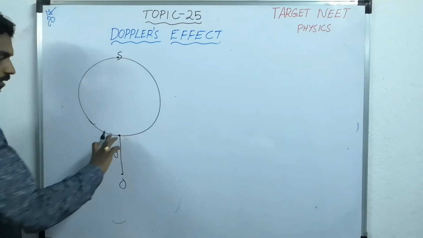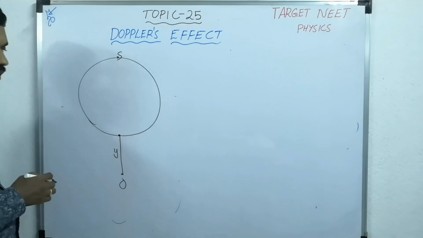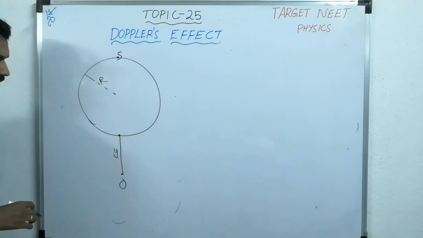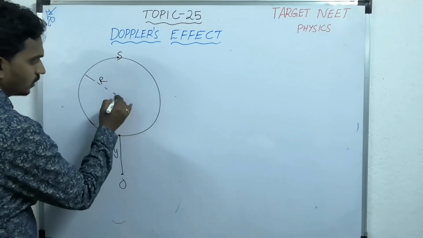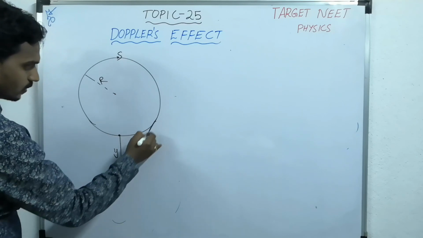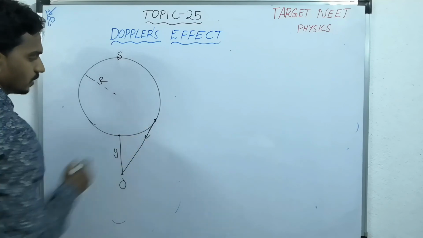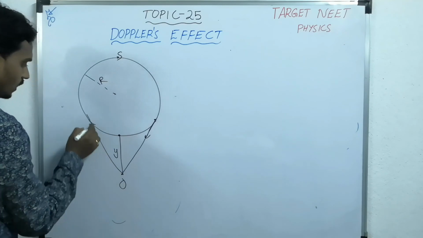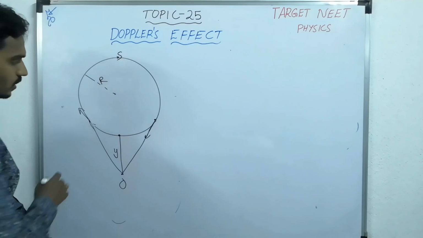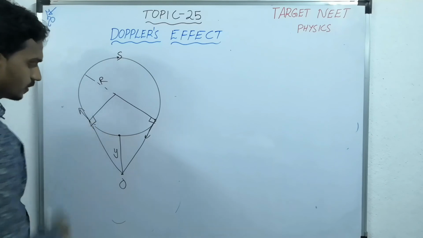The minimum distance between the source and observer as the source is moving in the circular path, and the radius of the circular path you take as capital R. Now here, at one moment where the tangent velocity is towards the observer, frequency is maximum, and similarly at another point the frequency is minimum. So this is the tangent, meaning this is 90 degrees.